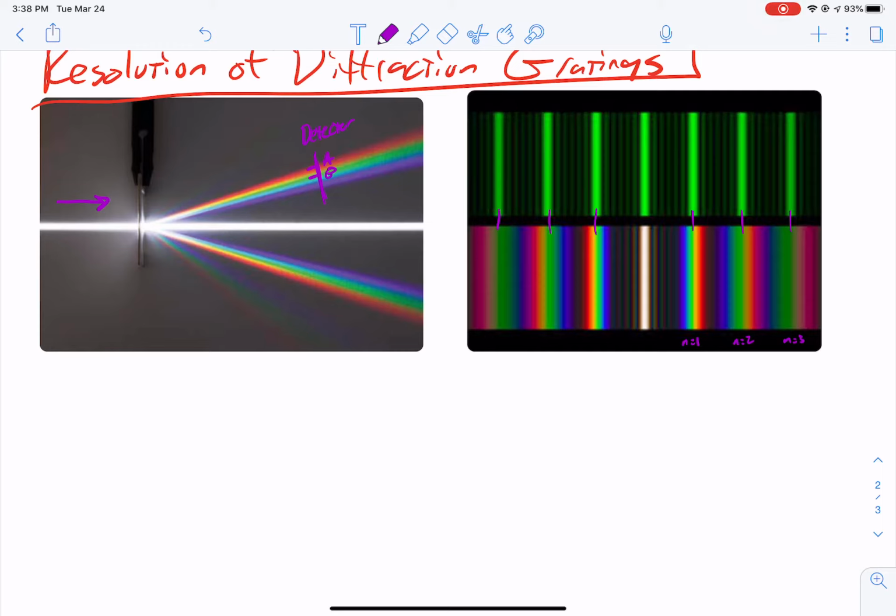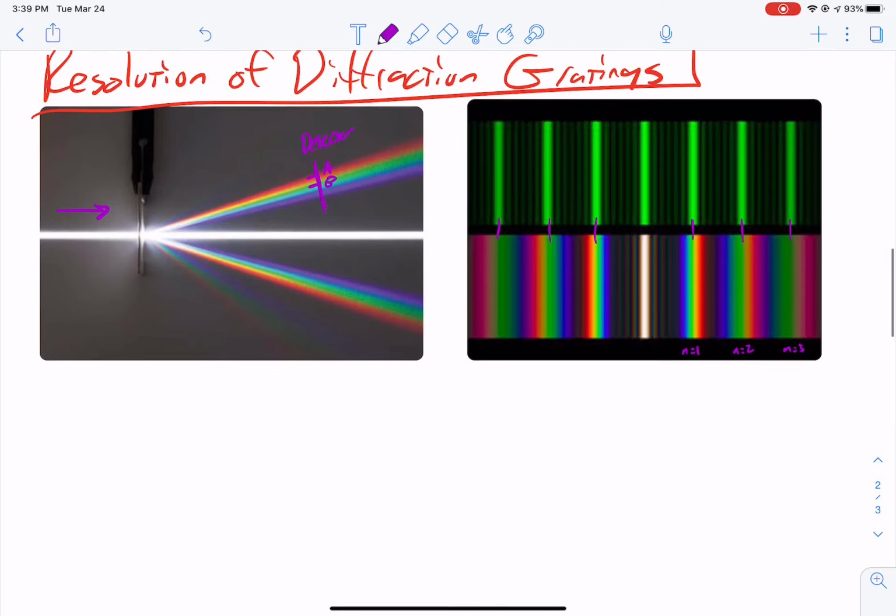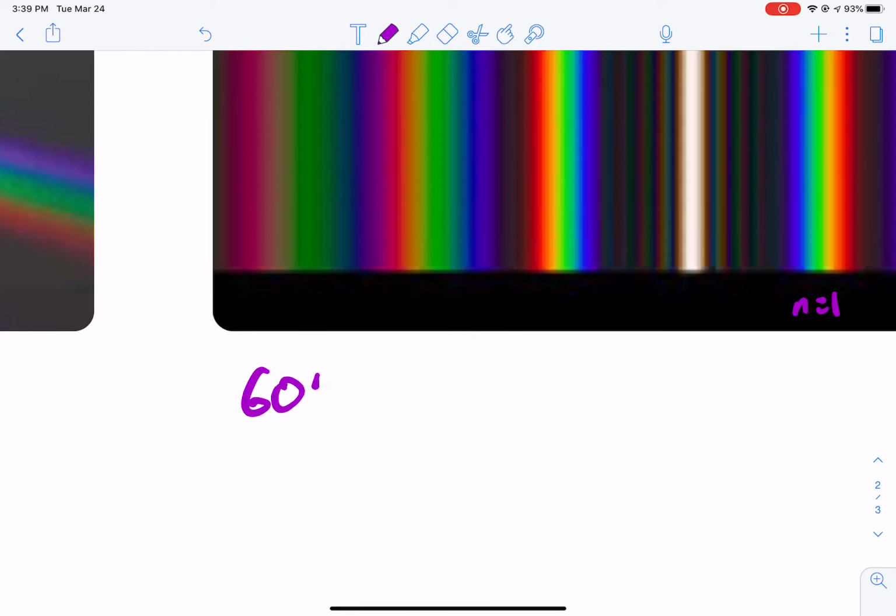Just like in the last lesson, what is the smallest angular distance between the objects I can distinguish? In this chapter, we're talking about what are the closest wavelengths I can distinguish. If I have a wavelength of 601 nanometers and 600 nanometers, and I'm trying to detect those two wavelengths separately, can I physically do that?